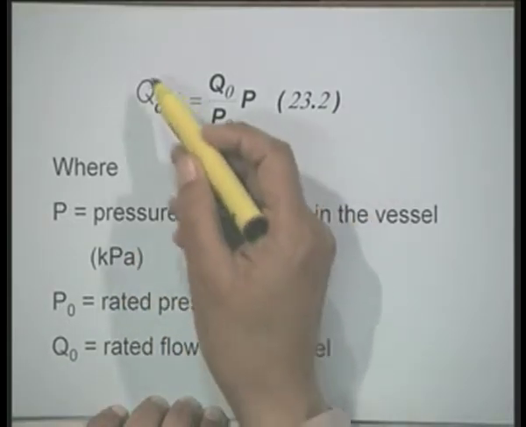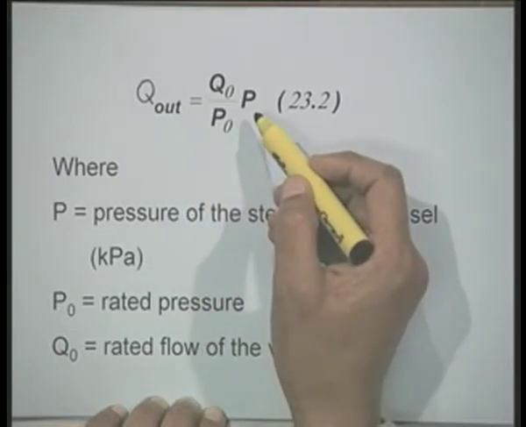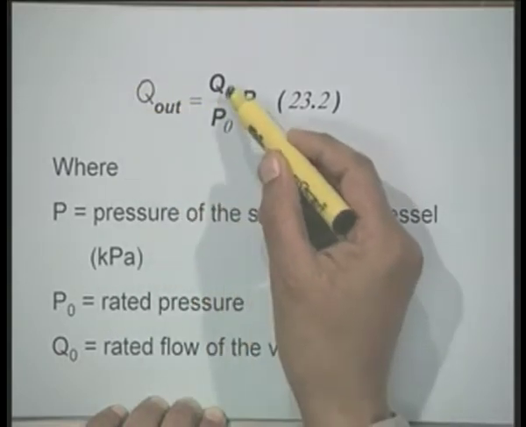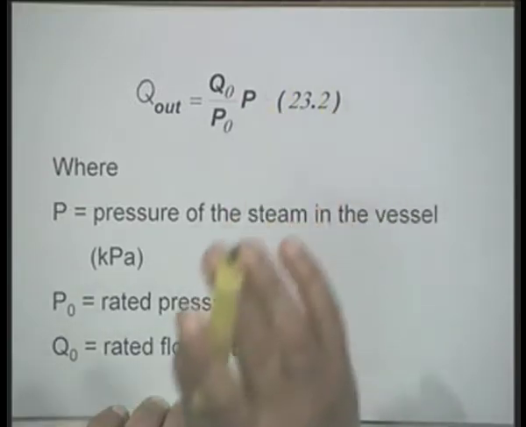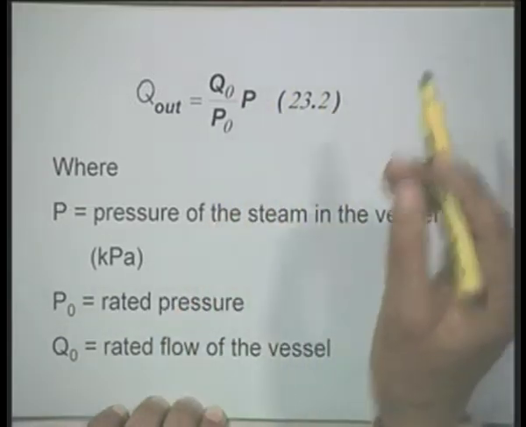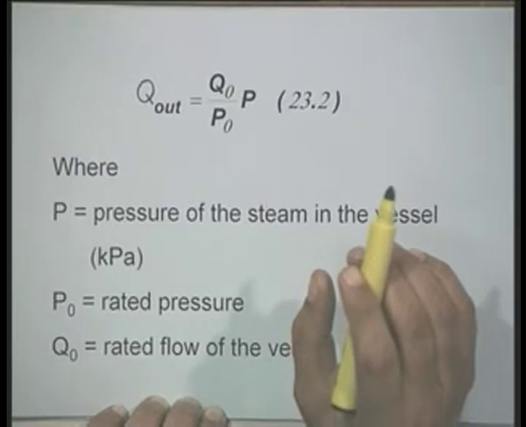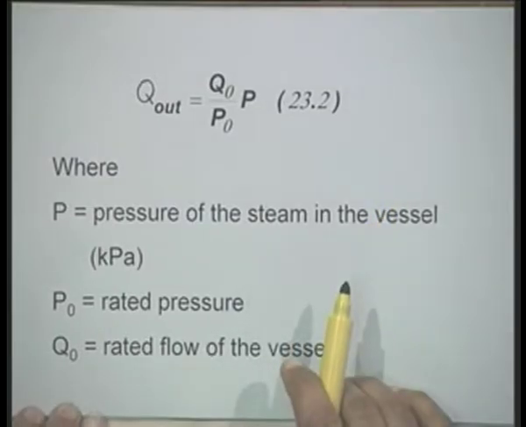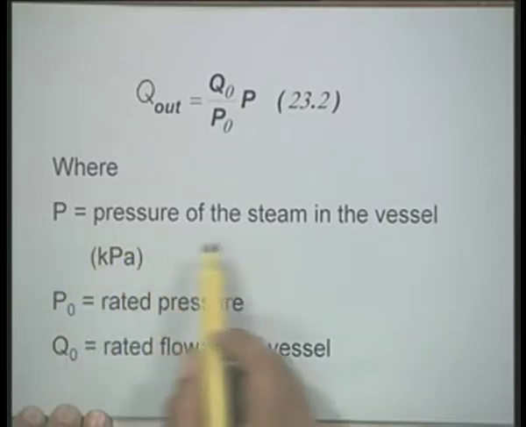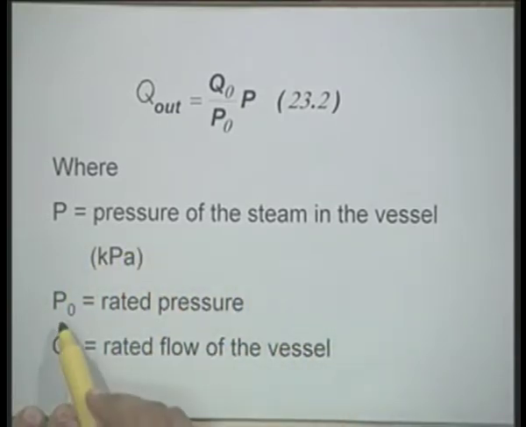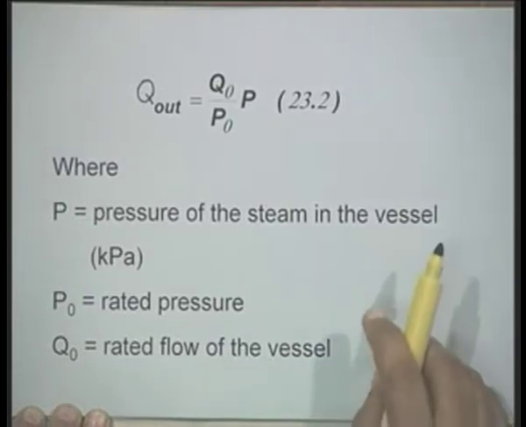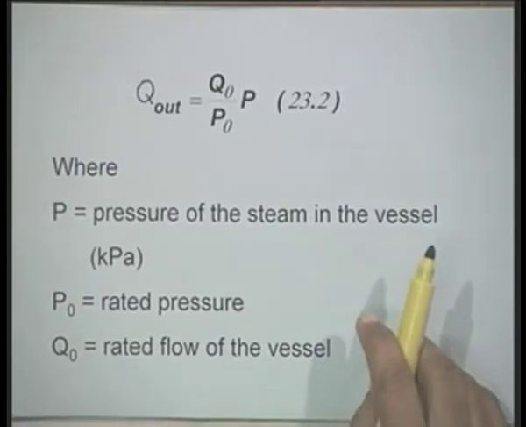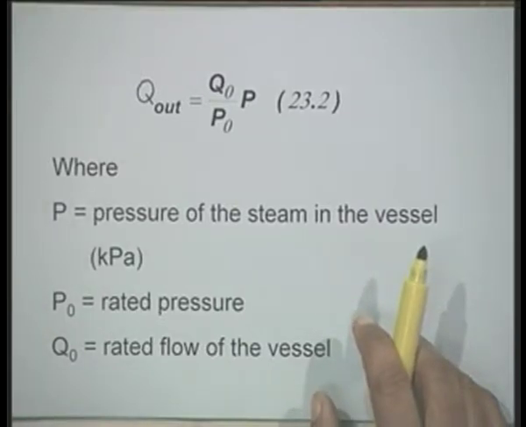Therefore, at any other pressure, the Qout will be equal to Qo divided by Po into P, where P is the pressure which is different from the nominal pressure. P is the pressure of the steam in the vessel, Po is the rated pressure, and Qo is the rated flow of the vessel. It means at a particular pressure the steam flow is Qo, and at any other pressure the steam flow is proportional to the pressure.